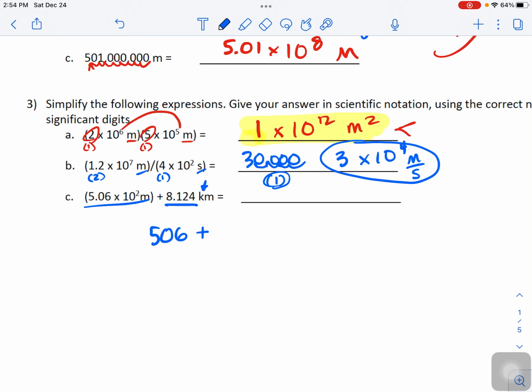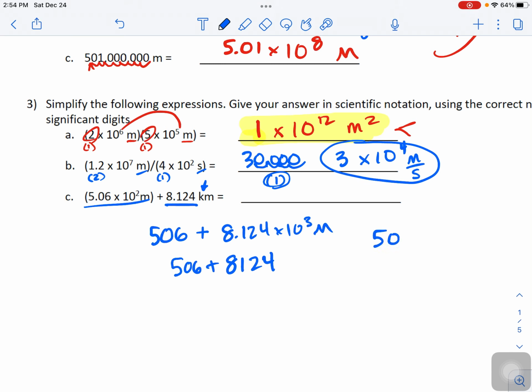So really, this is 8.124 times 10 to the third meters. A kilometer is 1,000 meters. So if I move that decimal over and write it again, now I've got numbers that look like this, all right?